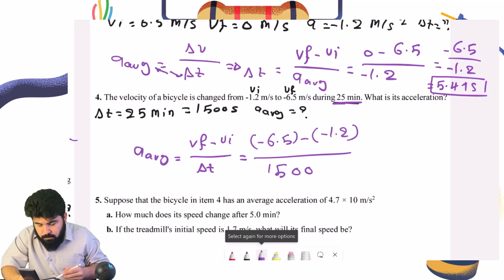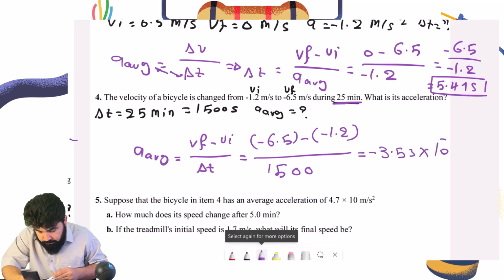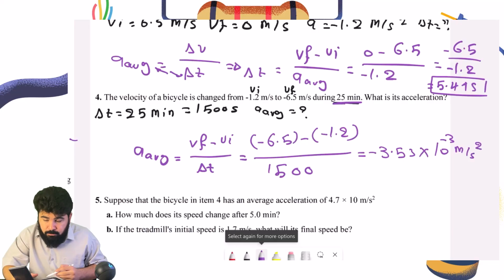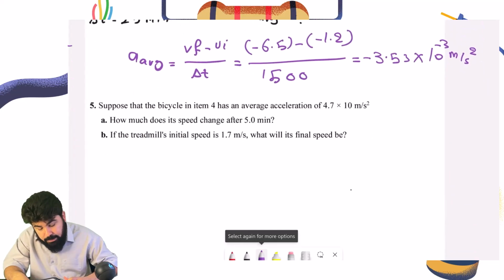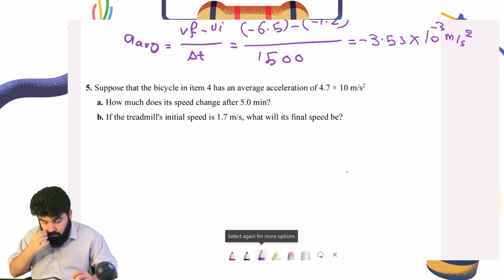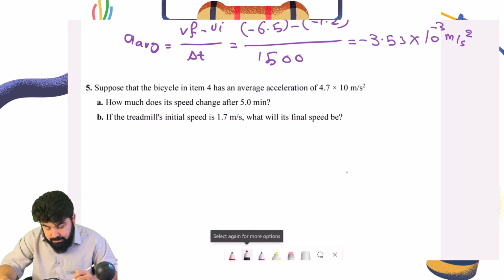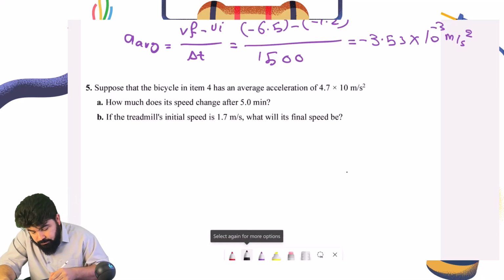We have negative 3.53 times 10 to the power of negative 3 meters per second squared. Careful, because it's acceleration.